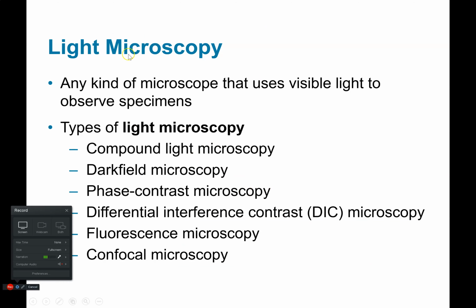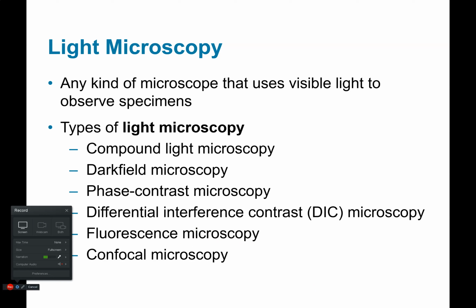Light microscopy is any type of microscopy that uses visible light. These are all the different types of light microscopy, and we will go through each one. If you look at the study guide, there is a focus for you, certain things you want to be able to know about each type of microscopy: the general characteristics, the pros and cons.